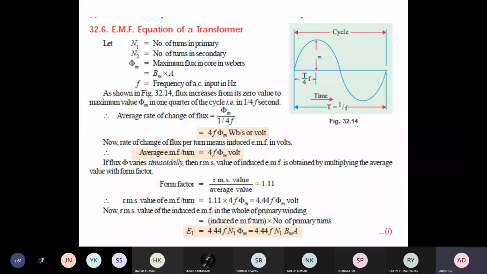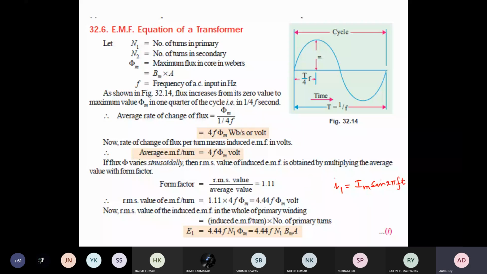If we apply a sinusoidal voltage V1 connected to the primary coil, then there will be a current I1, which is Im sine 2 pi f t, because omega equals 2 pi f, where f is the given frequency in hertz.